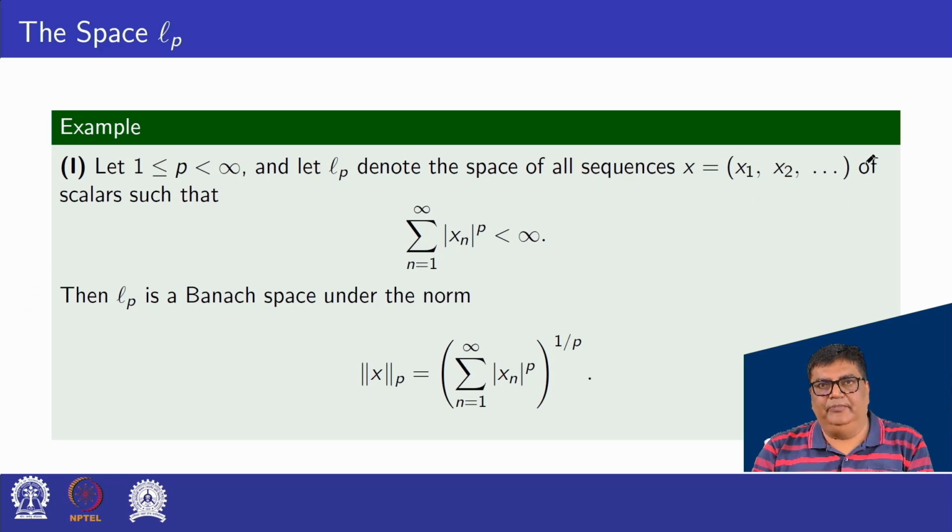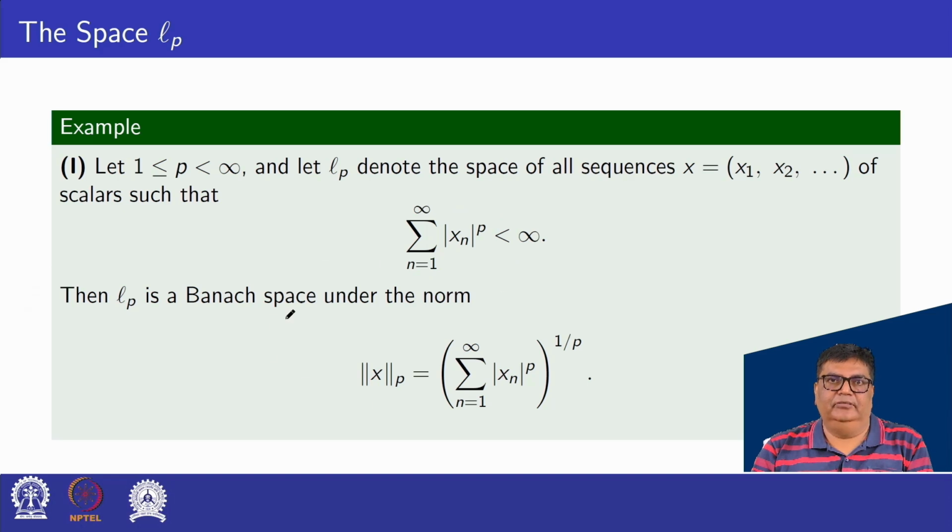But here it is infinite dimensional, so sequences x1, x2 and so on up to infinity. Then the summation of all the terms with power p should be convergent. This is the requirement of this example.